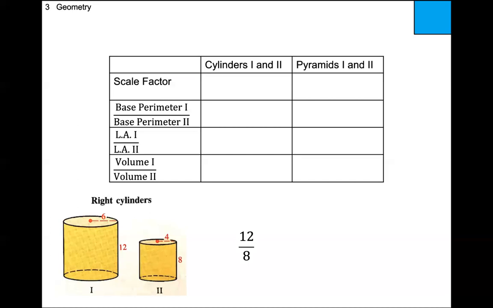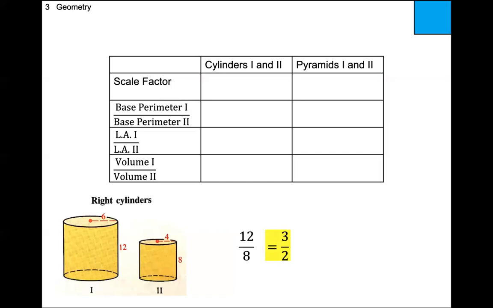So 12 was the height of the first cylinder, 8 is the height of the second cylinder. Why did I do 12 over 8? Could I have done 8 over 12? I could have, but if I look at my table, each one of those ratios says 1 over 2, 1 over 2. So I want the numerator there to be a dimension off of the larger one. Could I have done 6 over 4? I could have. Check this out. 12 over 8 reduces to 3 over 2.